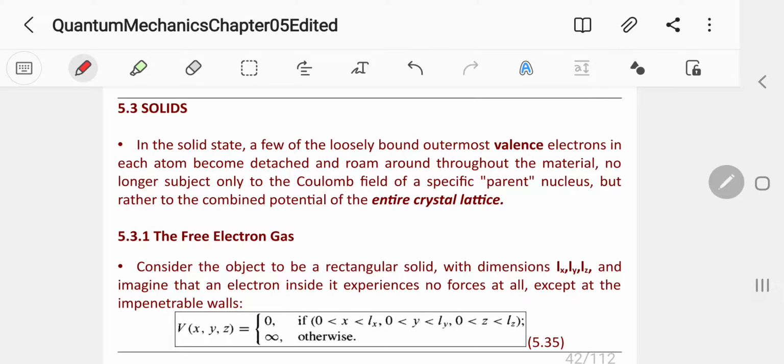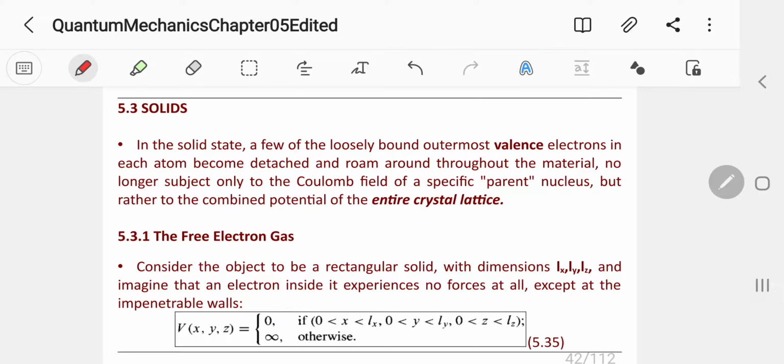So when they're arranged in a solid, the outermost electrons, or the valence electrons, are detached from the atom and they roam around throughout the material, and they're no longer subject to the Coulomb field of the nucleus of the atom.